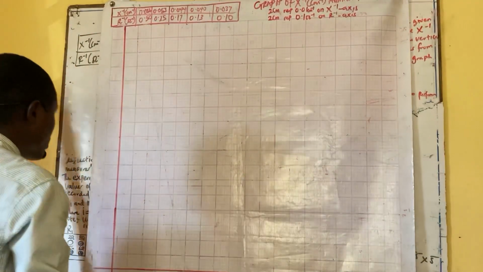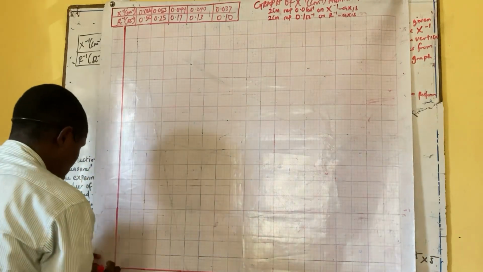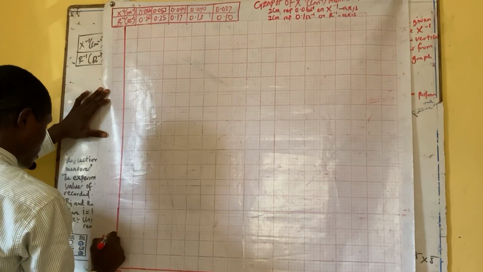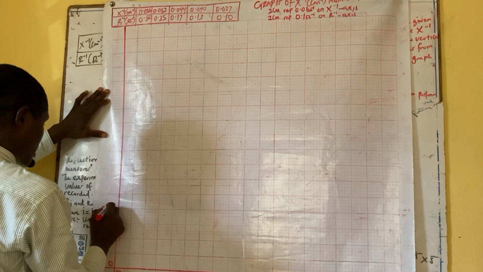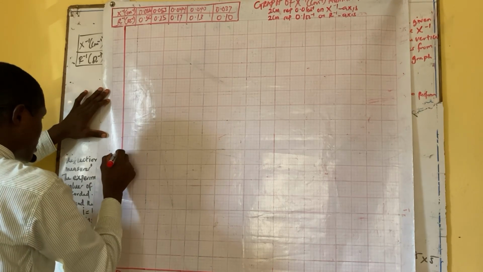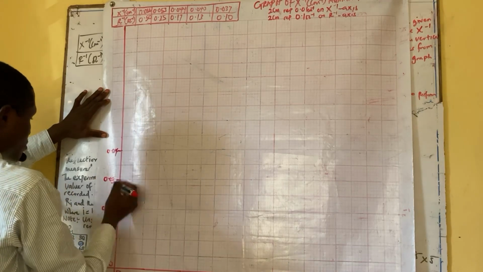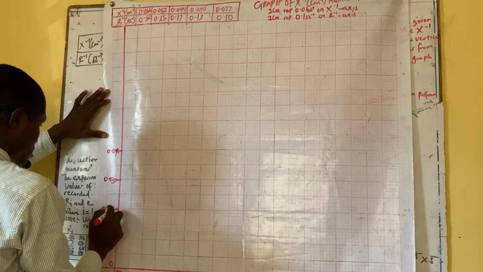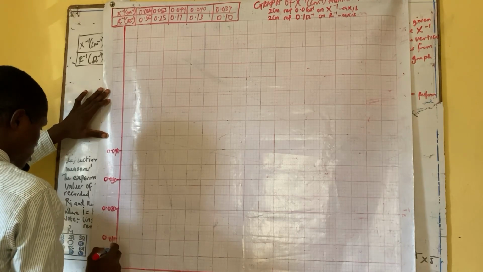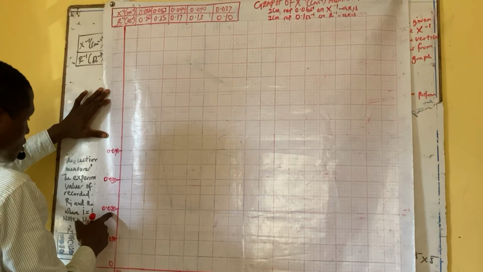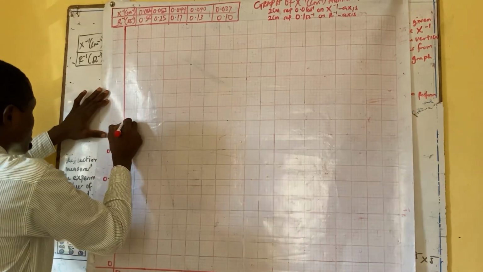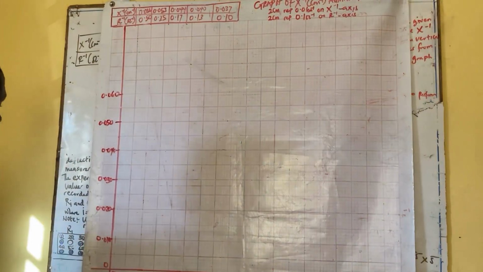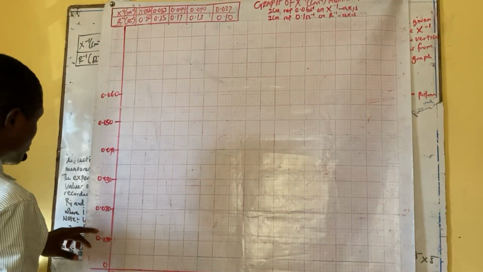Now we have to start from the origin, 0, 0. On the S inverse axis we have 0.010, 0.020, 0.030, 0.040, 0.050, 0.060, making sure they have equal spacing.